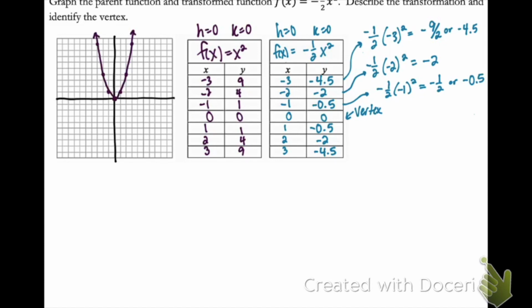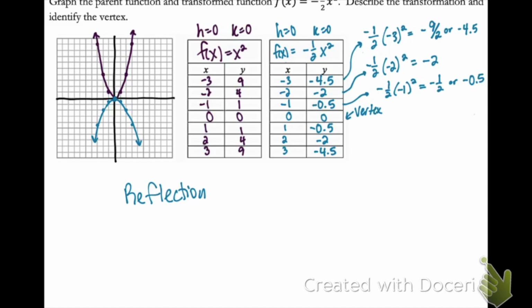Okay, now moving on to our transformed function. You can notice here that we've got some transformations going on. Either you can look at the equation and we see that there's a negative, or if we look at the graph, we see that the graph is now facing down. So we know that there's been a reflection. We also see in the equation that there's a 1/2 for our a value. That would be a compress since it's less than 1.